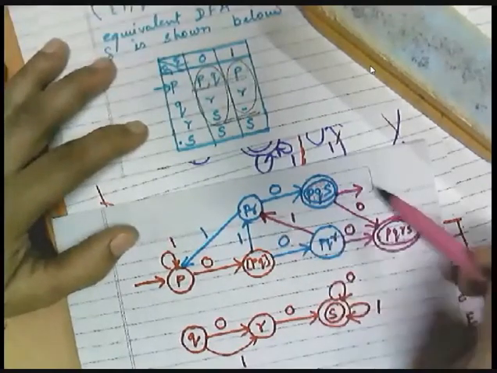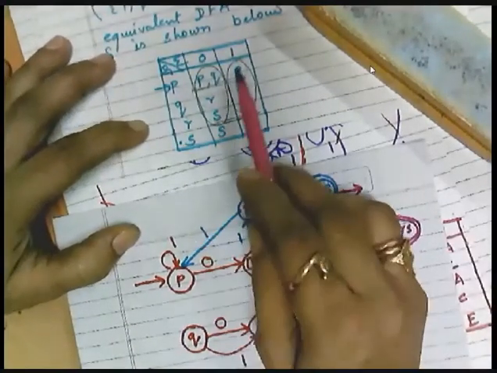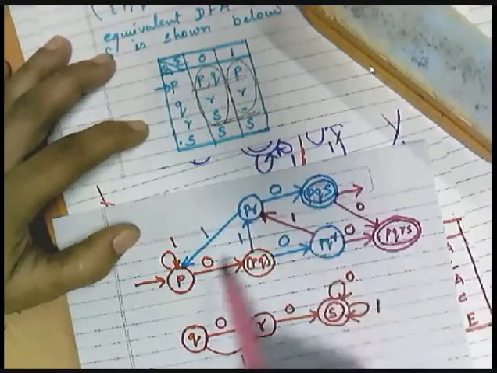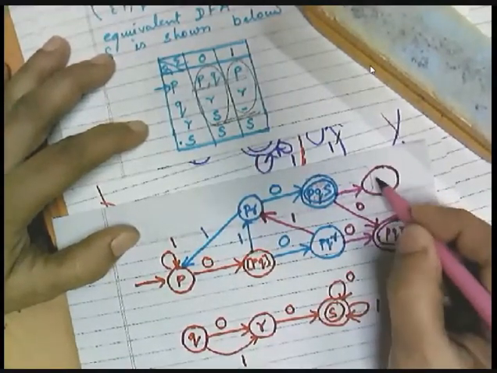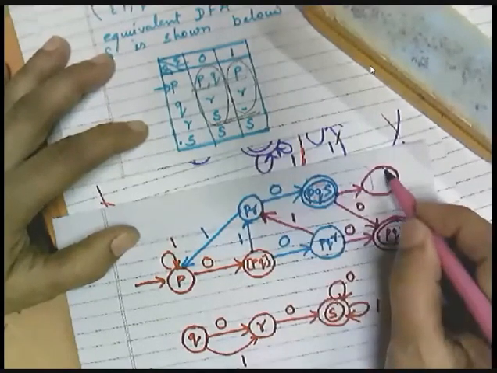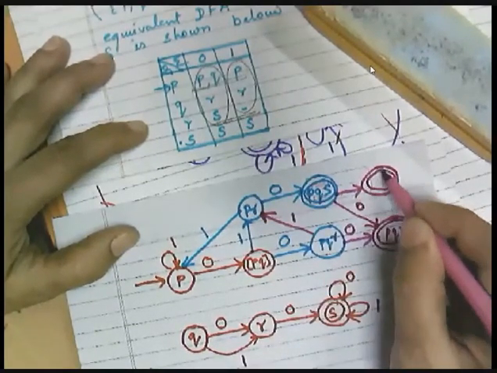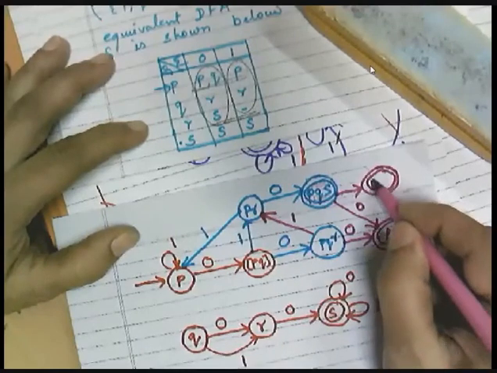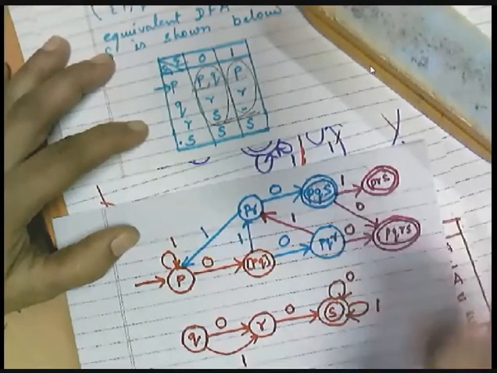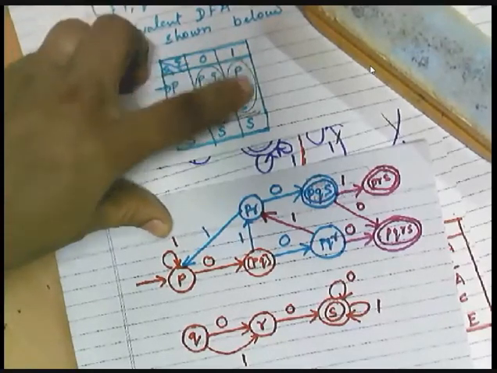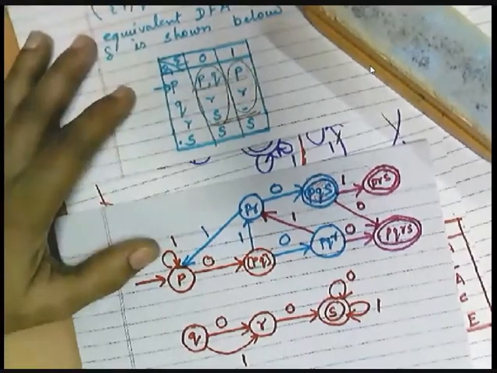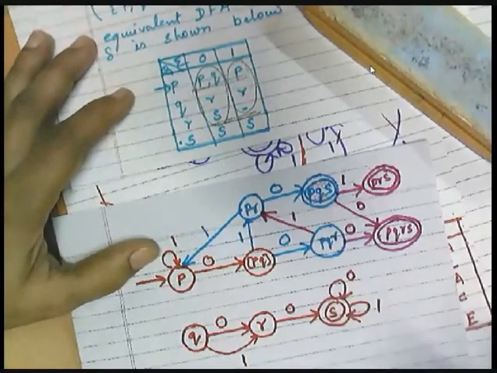Is the PRS state available here? See, P, R and S. The PRS state is not available, so I need to have one state. Since S is involved, I should make it a final state and name it PRS with 1. See, PQS on 1 moves to PRS state. So the turn of this is also over.